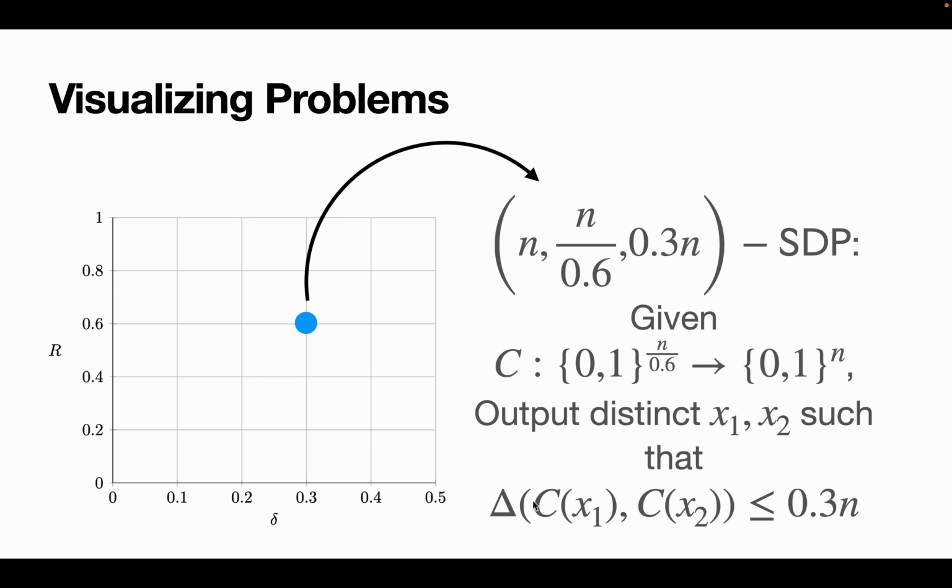In particular, for this point, since it has R equals 0.6 and delta equals 0.3, I'm asking you to find two code words which are within distance 0.3 n of each other, in a circuit which has an input of n divided by 0.6 and an output of n.